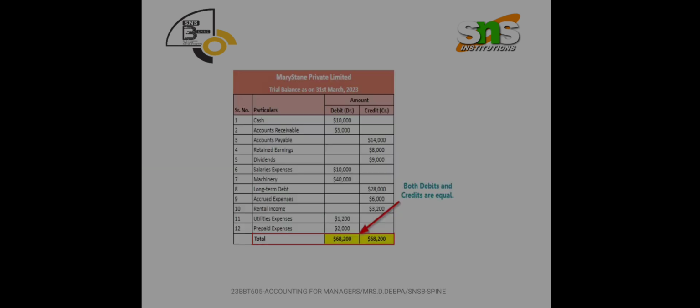And see here, this is a sample trial balance of a company like Mary Stand Private Limited. The particulars are given as per the format. Cash is debited, considered as an asset: 10,000. Accounts receivable is also an asset, debit side.